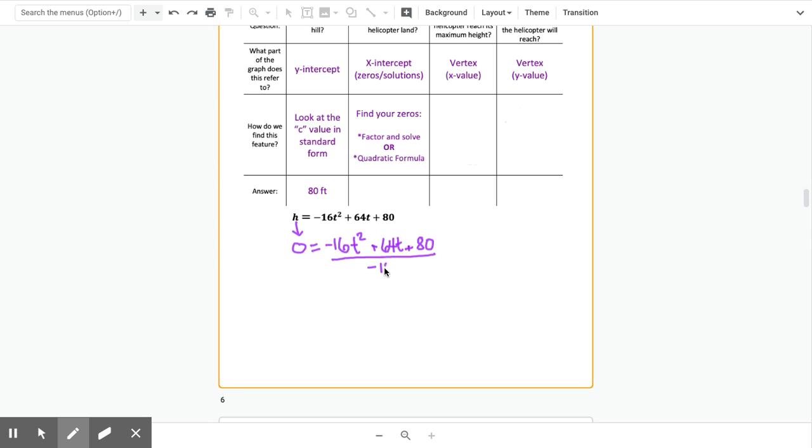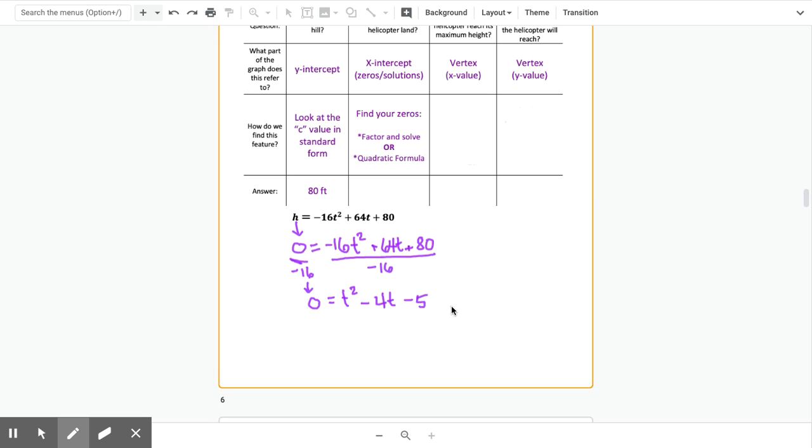Instead of pulling it out in front, I'm just going to divide both sides by that. 0 divided by negative 16 is 0. On the other side, I get positive t squared, negative 4t, and negative 5.